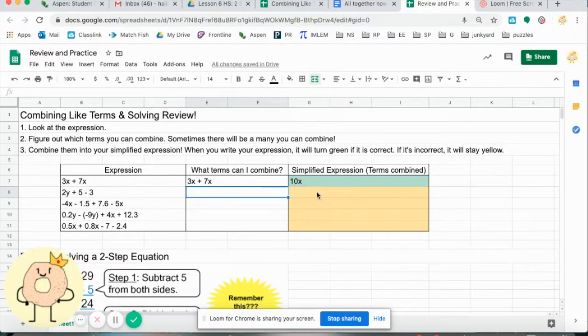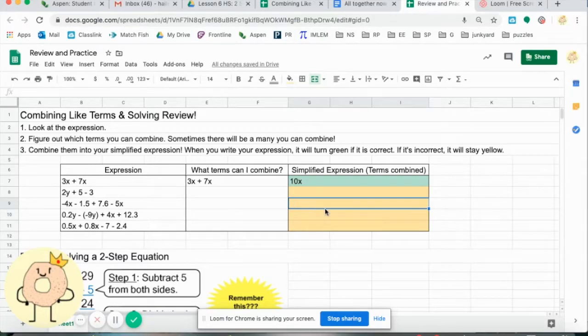This is only where anything is yellow. Over here, what terms can I combine? That's just for you to think through what you're doing. Over here, we need to make sure we have the right expression after we simplified it. And this needs to be exactly correct for it to turn green. If you got one part of your expression wrong, it's still going to stay yellow.